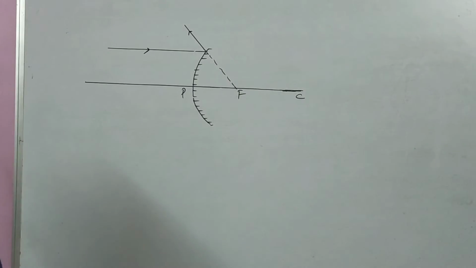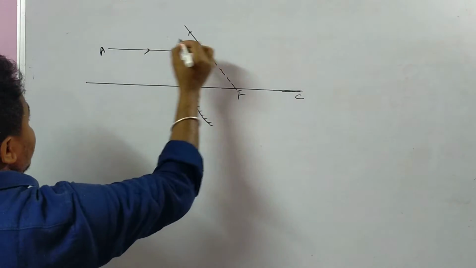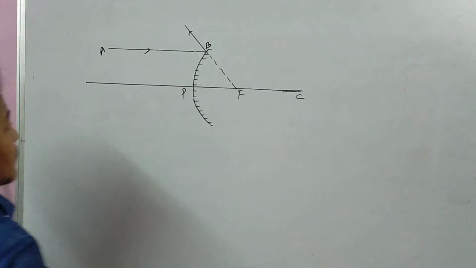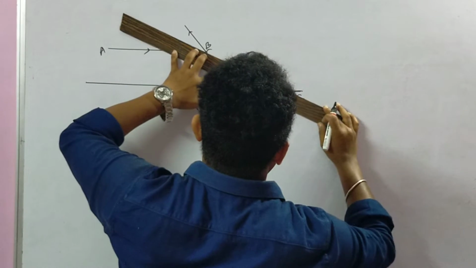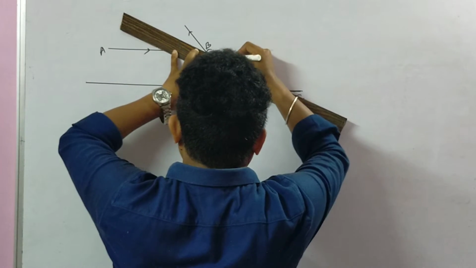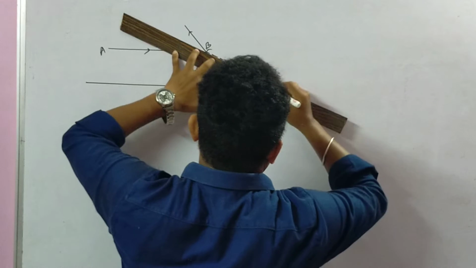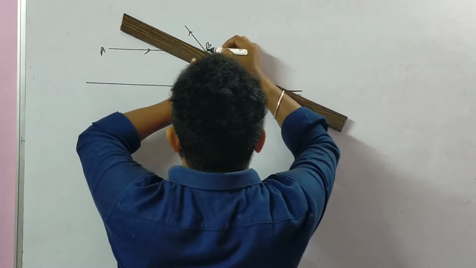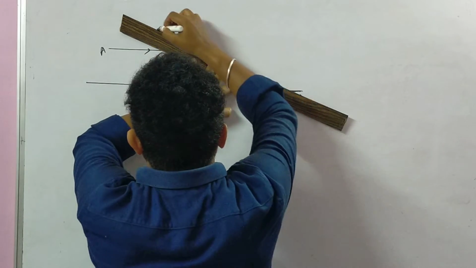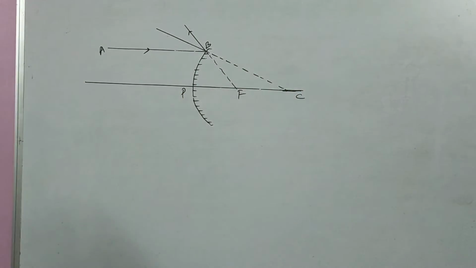Let us suppose this point to be A, this point to be B, and if I draw a line from the center of curvature, the distance I can show like that.